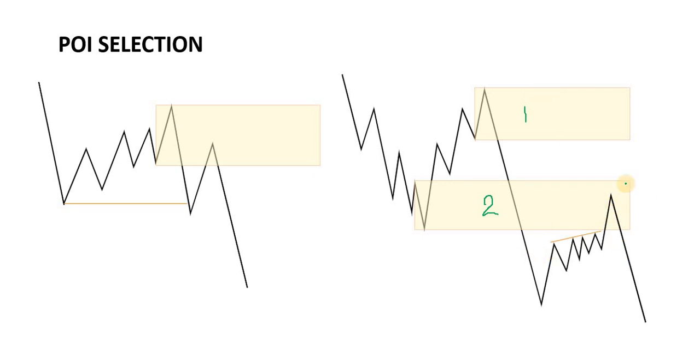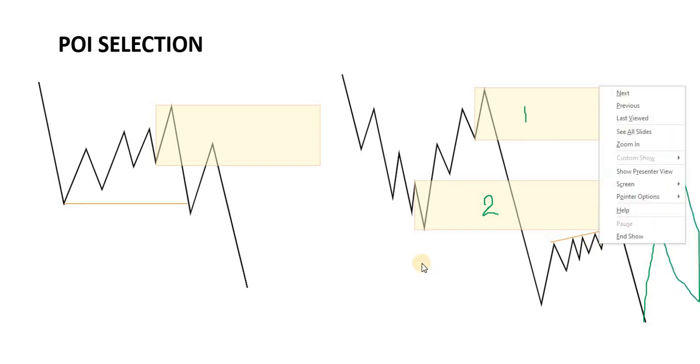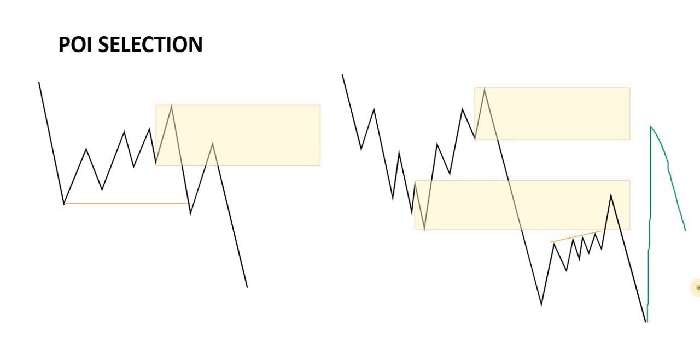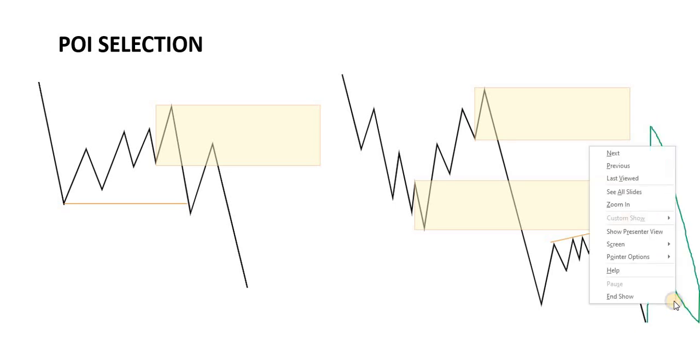If I am ever trading from the secondary point of interest, I will be very quick to take my profits, because most likely price will come back to the primary point of interest and trade downwards. Because there is liquidity still resting above here, price may still want to clear this liquidity and then trade downwards.